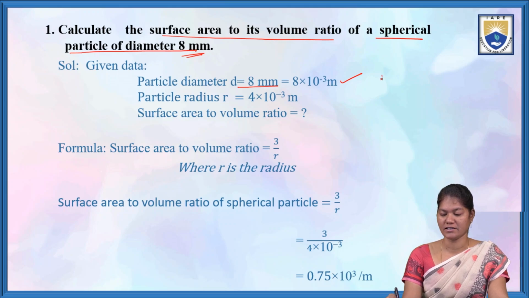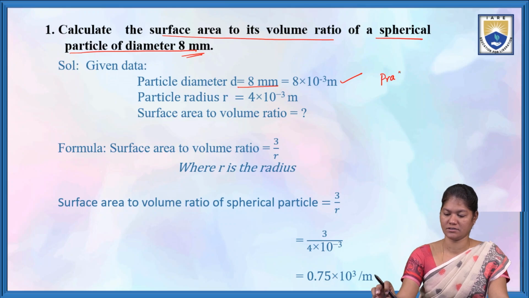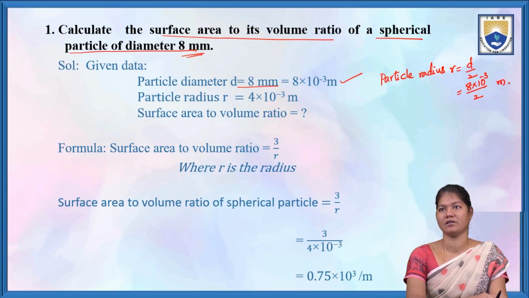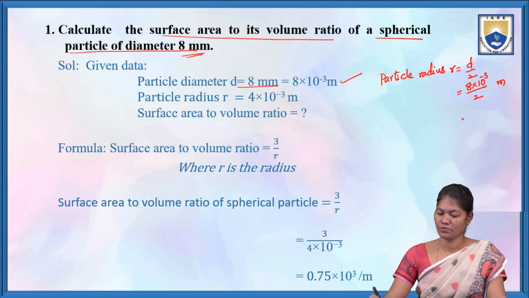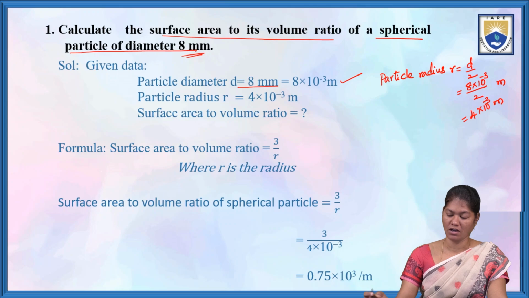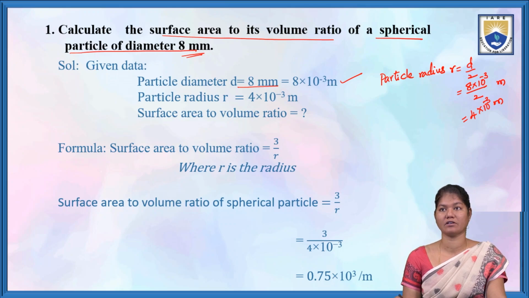The particle radius R is equal to d by 2, so 8 into 10 power minus 3 divided by 2 meters. So it is equal to 4 into 10 power minus 3 meters.